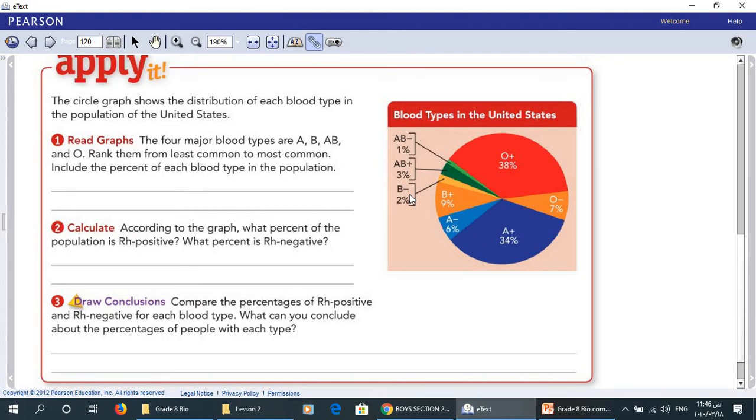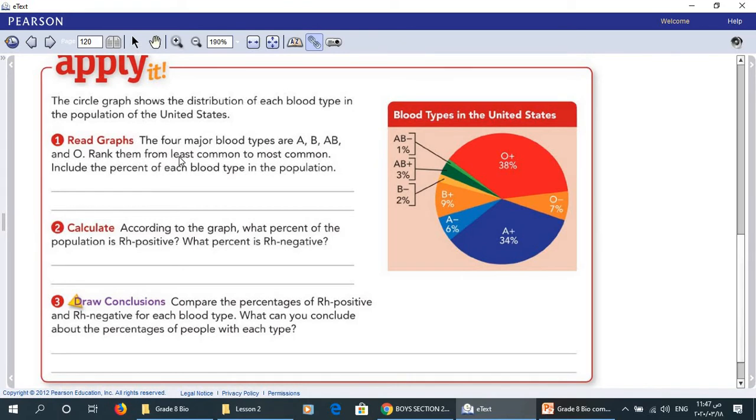So arrange them from the most common found here: AB 4%, then B 11%, then A 40%, then O 45%.